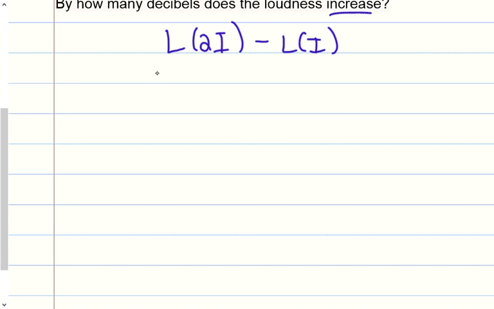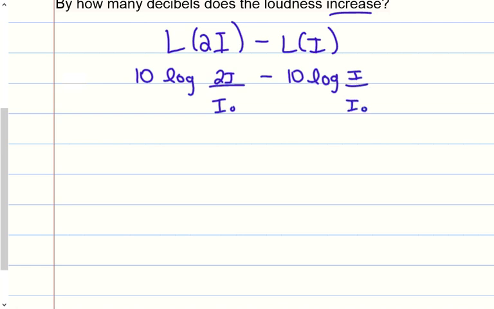then in place of every I, I have 2I from the given formula that was up above. So 10 log, instead of I I have 2I, and it's divided by I sub 0, minus the regular function, 10 log of I divided by I sub 0. Now comes our log properties.